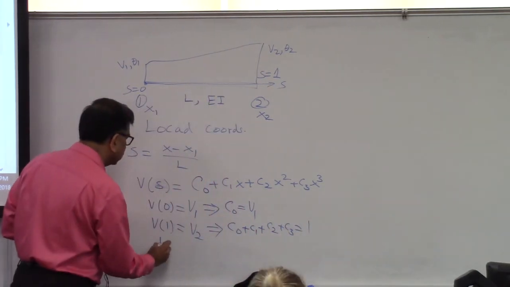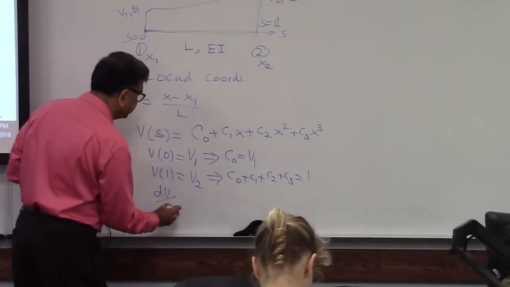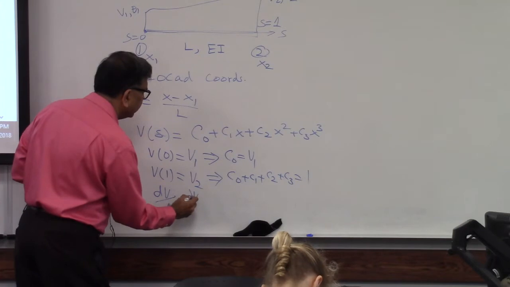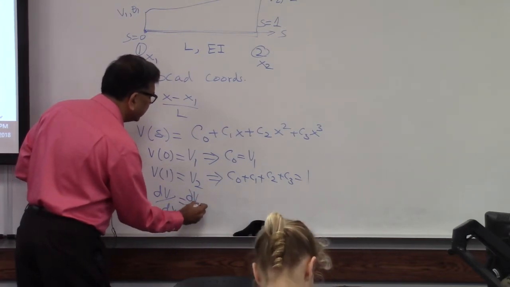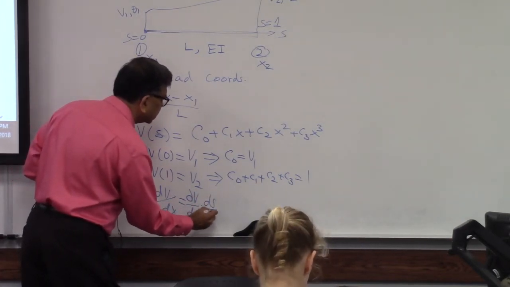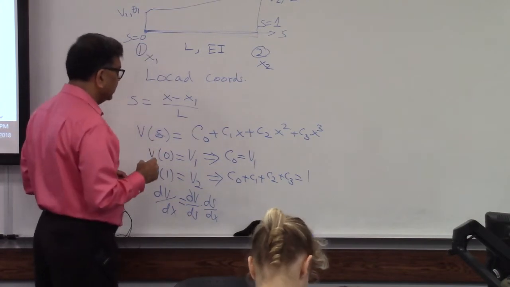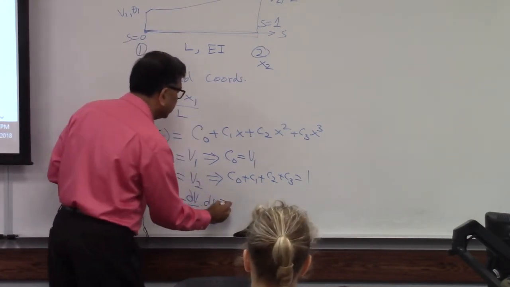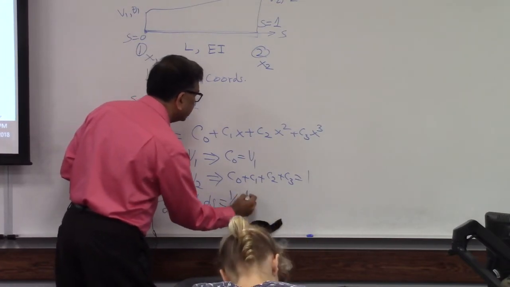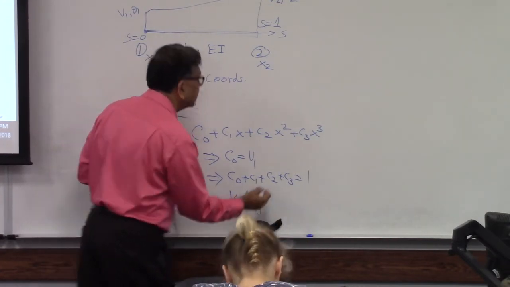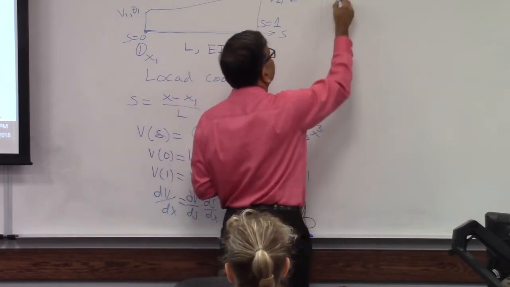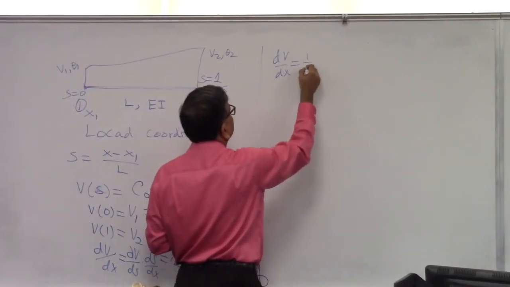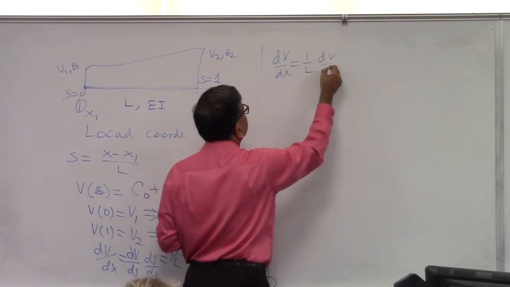Then I differentiate: dV/dx can be written as dV/ds times ds/dx. Okay. What is ds/dx? 1 over L. So this will be 1 over L dV/ds. I think you have to remember this relation always: dV/dx, which is the slope of the deflection curve, is given by 1 over L dV/ds.